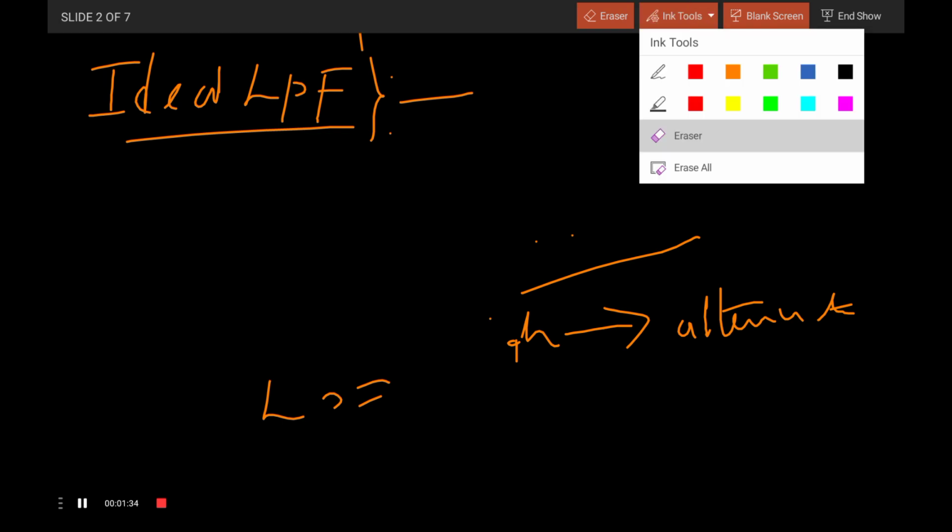At the same time, one more important point: in case of image smoothing, we have three types of low pass filters.